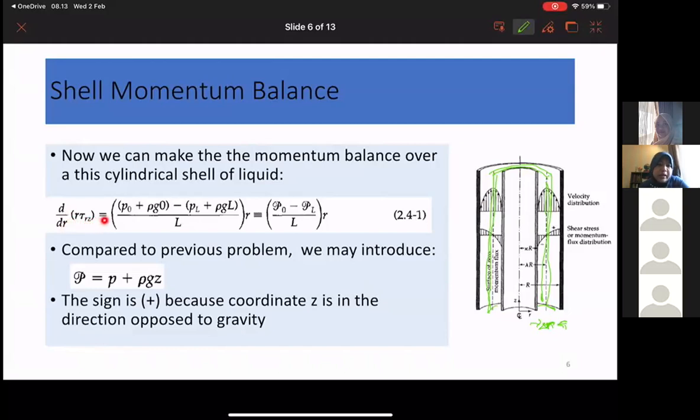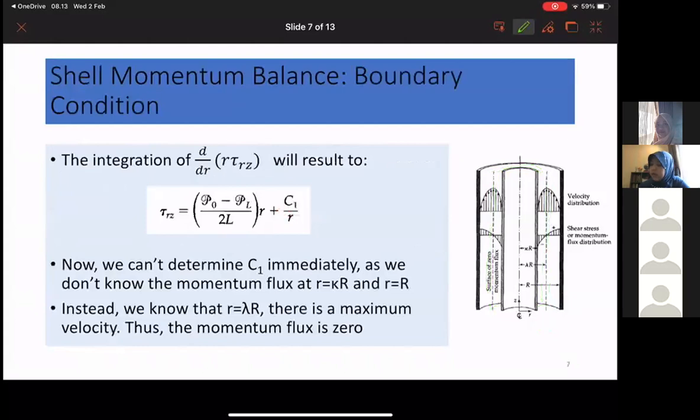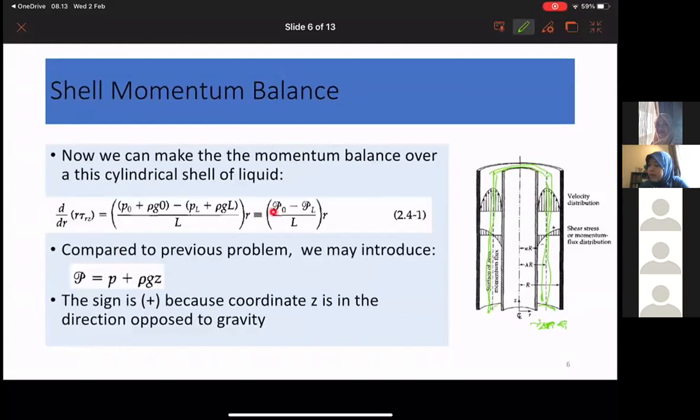equal to this one, and then it becomes this, the capital P minus capital L. Okay, compared to the previous problem, the capital R we actually put as positive, because the coordinate z is in the direction opposed to gravity.